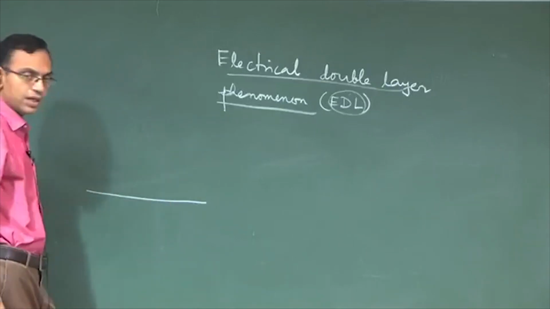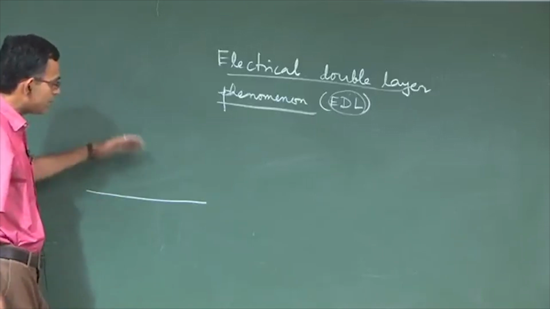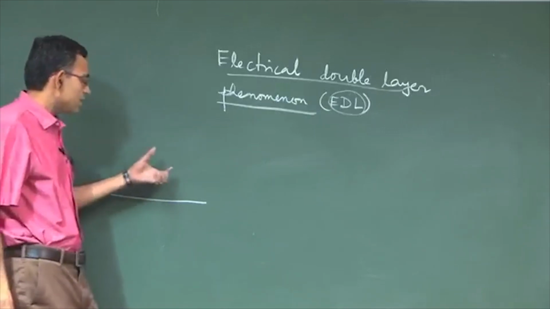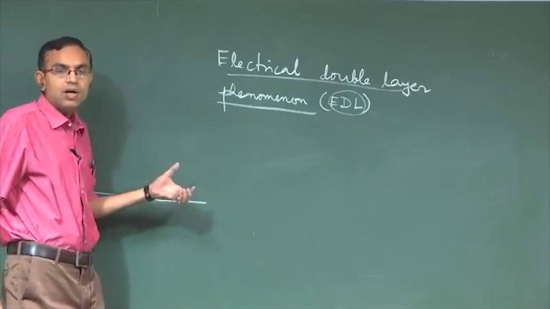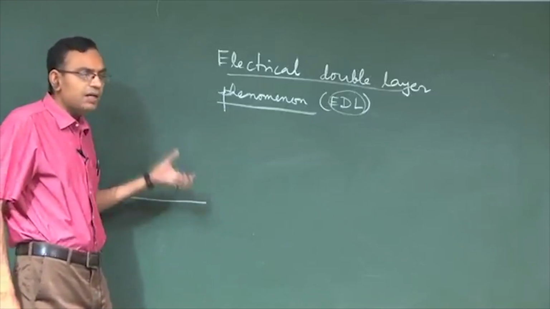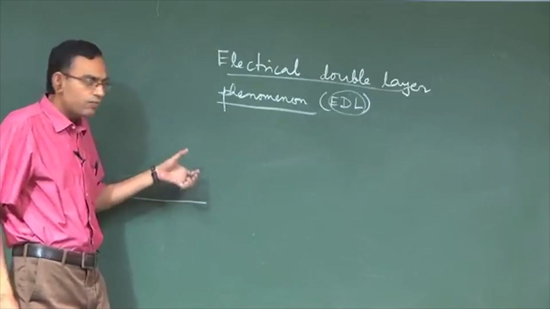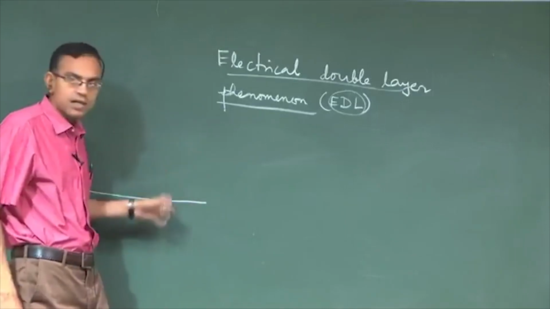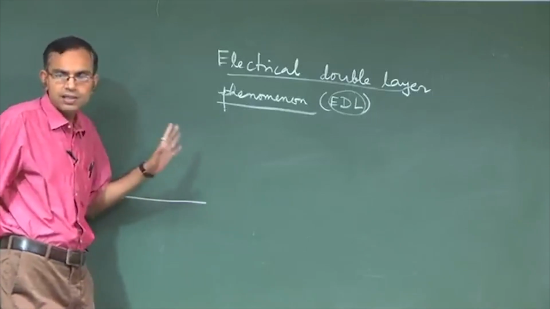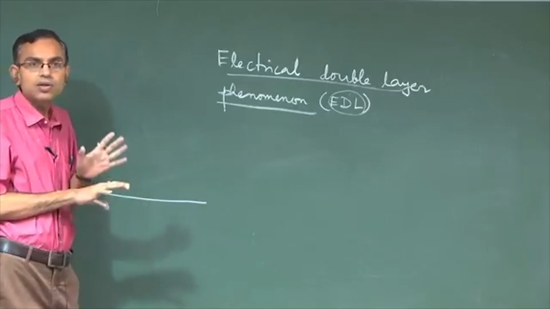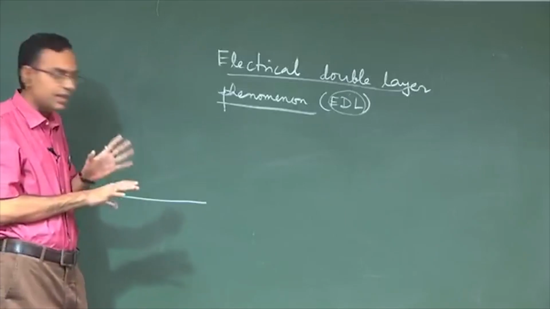This saline solution will interact with the glass surface, and because of very different types of mechanisms, such as ion adsorption or forming covalently bonded surface groups, several things can happen at the interface. That is essentially chemistry, so let us not get into that in detail.